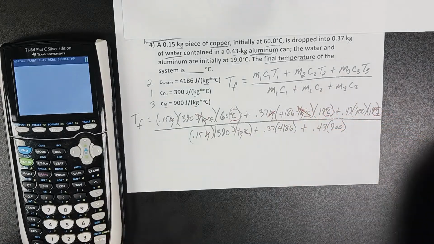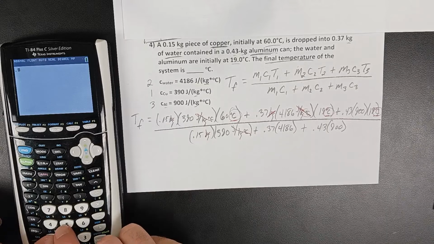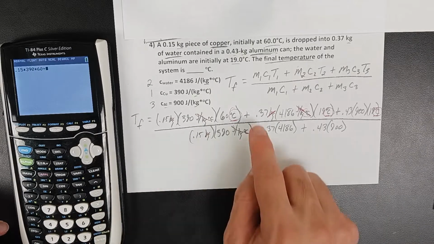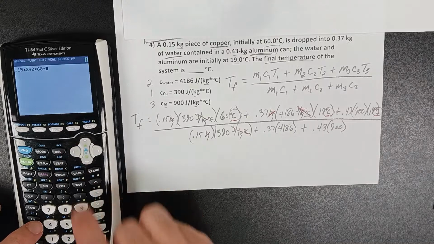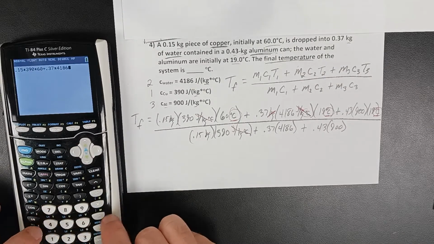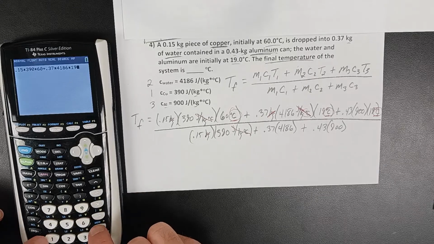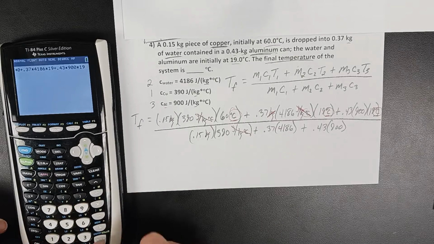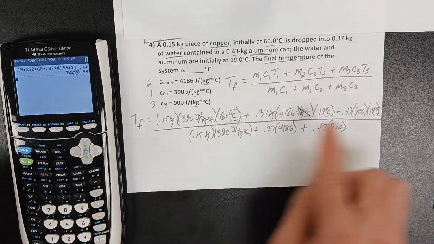We're adding all those together in the numerator. So 0.15 times 390 times 60 plus 0.37 times 4186 times 19 plus 0.43 times 900 times 19. All right, so I had the value for that numerator.